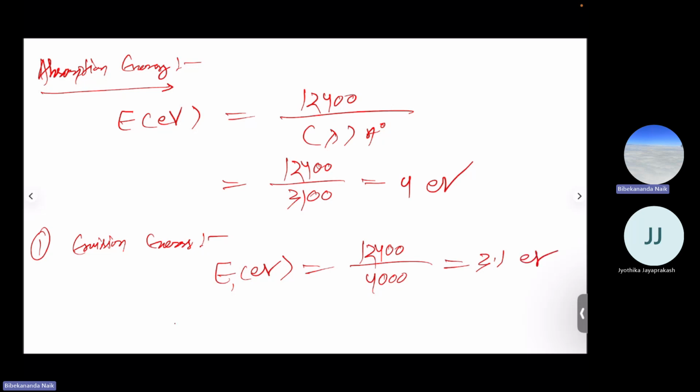So the remaining energy is 4 minus 3.1, that is 0.9 eV. Now we need to find out what will be the wavelength corresponding to 0.9 eV. So the wavelength in Angstrom will be 12,400 divided by 0.9.